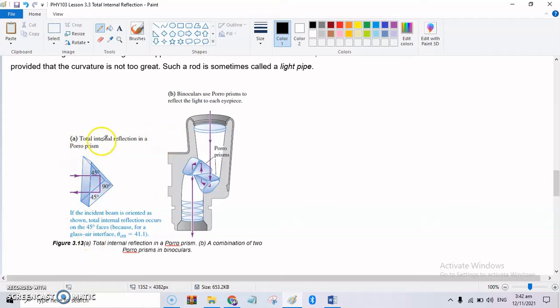From this figure, total internal reflection in a prism: when light enters at 45 degrees of the prism, it reflects the light into another surface that has 45 degrees in this prism, and then it will reflect it back out.